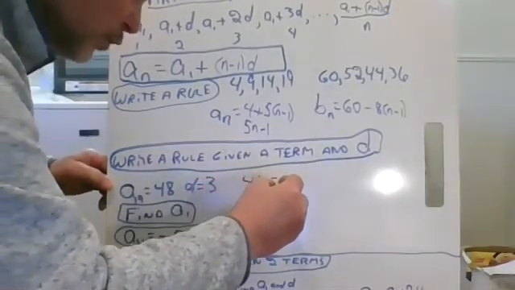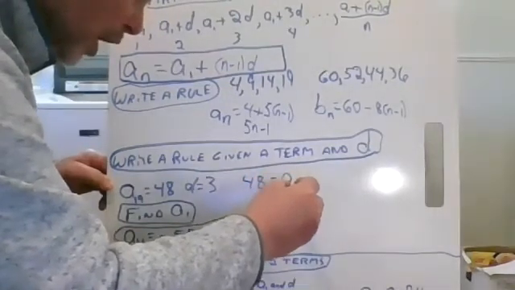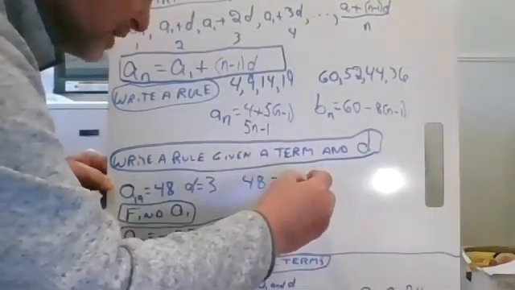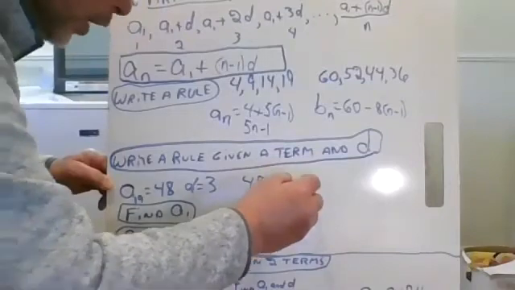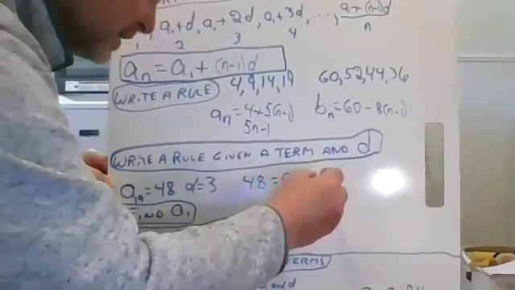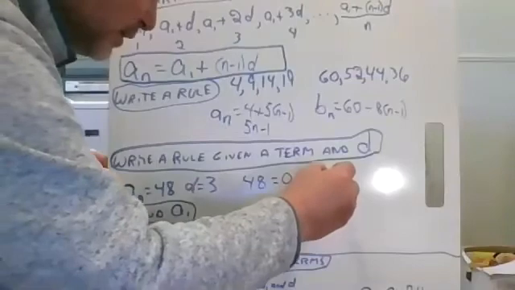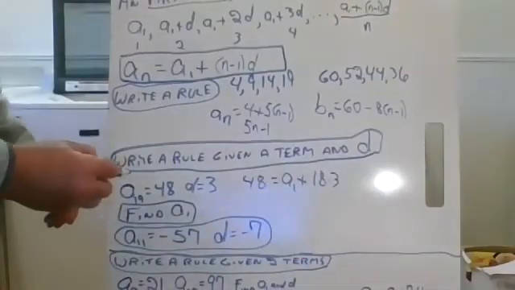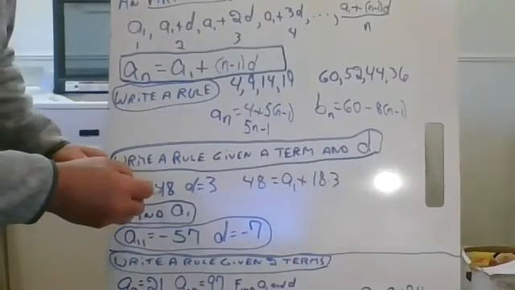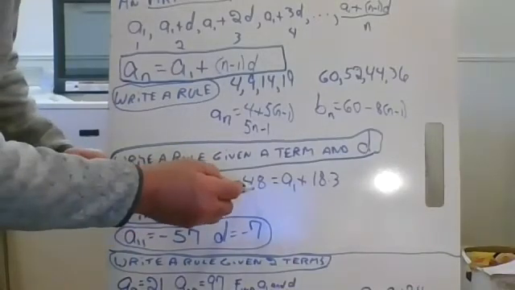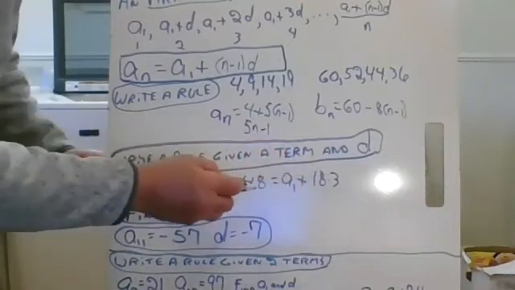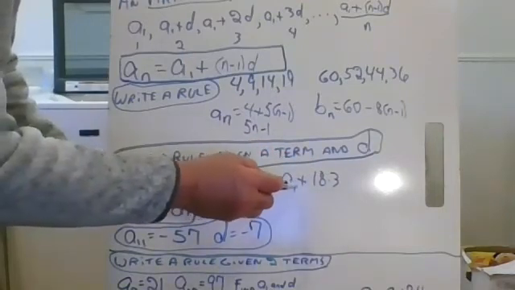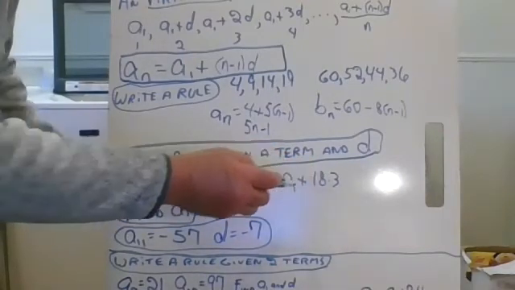And that equals a sub 1 plus n minus 1, which is 18, times d, which is 3. And so by using a sub 19 as 48, you get this equation. 48 equals a sub 1 plus 54.